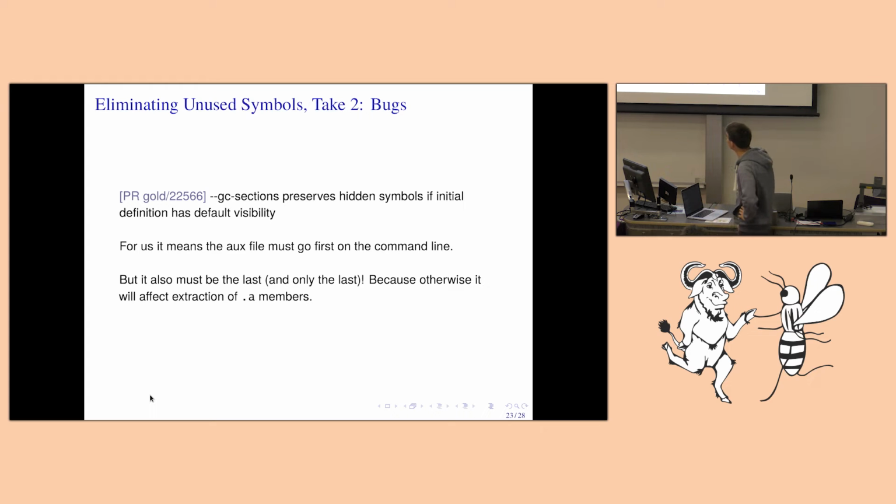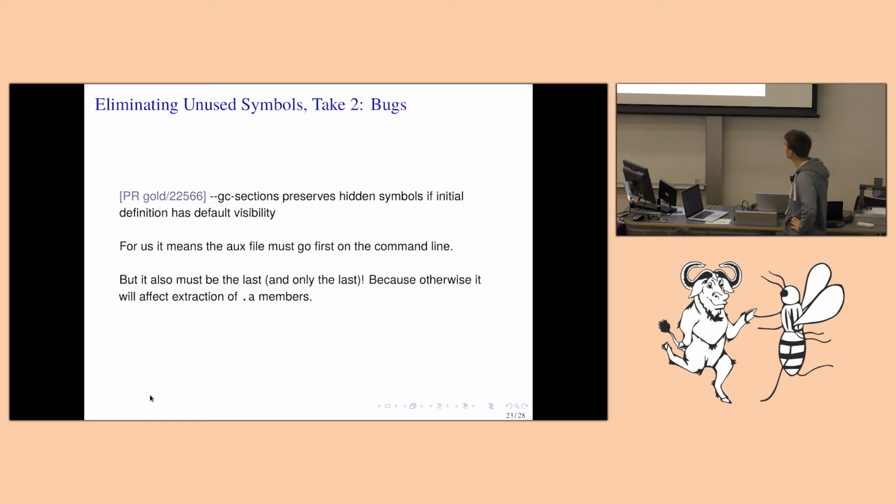However, there are bugs. For instance, this one. We still rely on GC sections to do the thrown away part. We just set the visibility to the right values. And in Gold's implementation of GC sections, it does not basically respect the clause from the previous slide from the ELF standard.